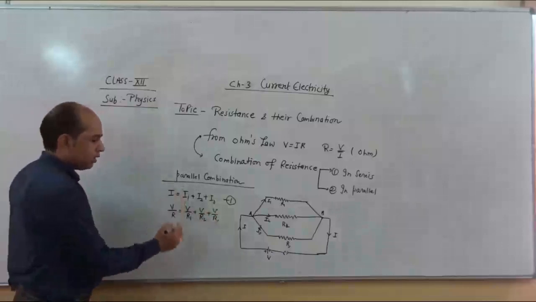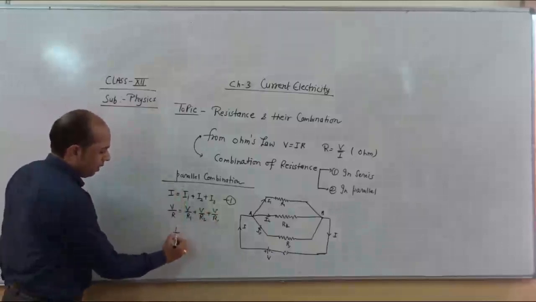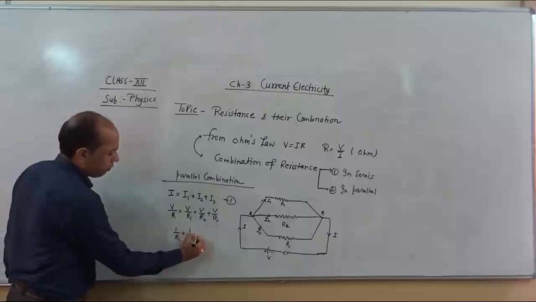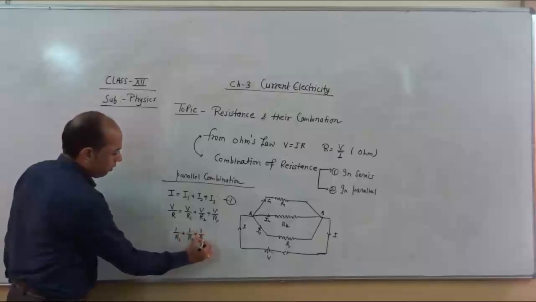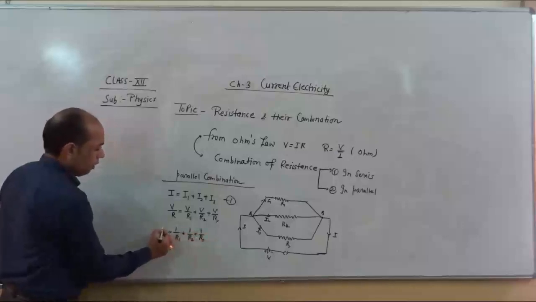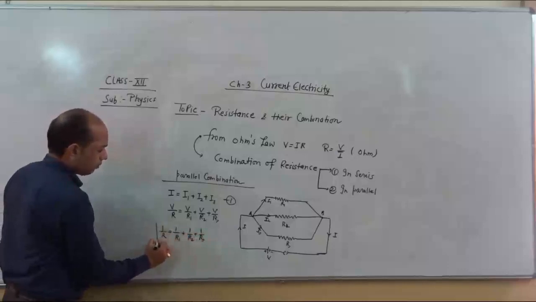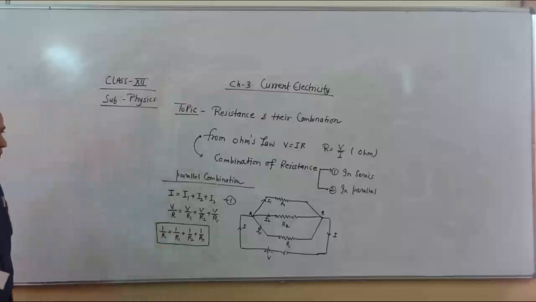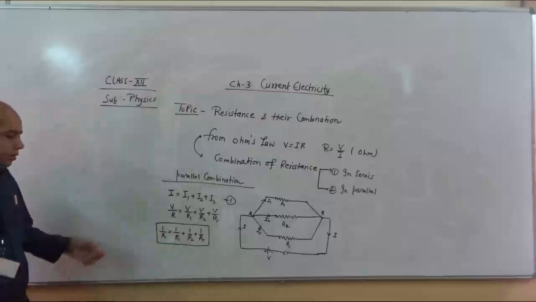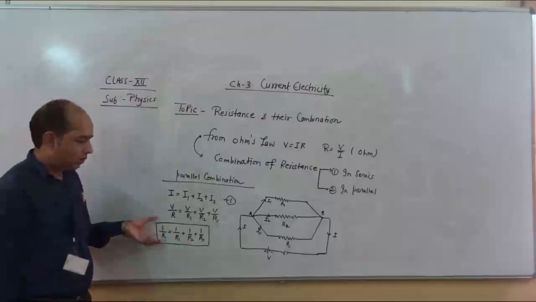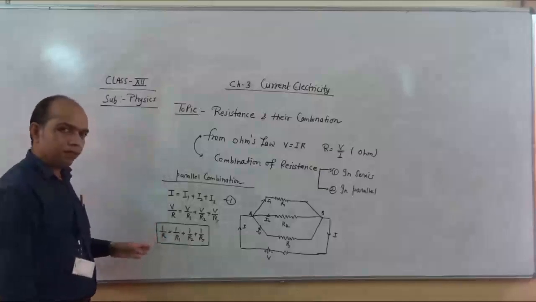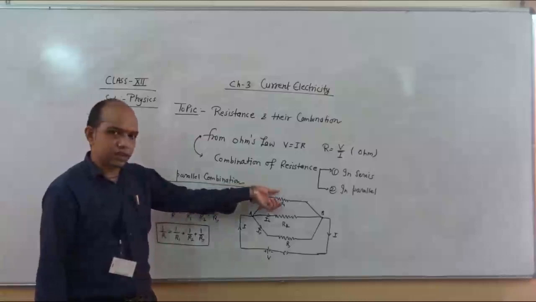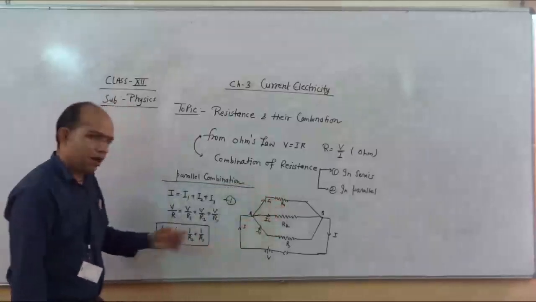So V is cancelled out and we get 1 by R1 plus 1 by R2 plus 1 by R3, and this equals 1 by R. That means in parallel combination, the net or equivalent resistance is given by the sum of the reciprocals of each resistance, say R1, R2 and R3.